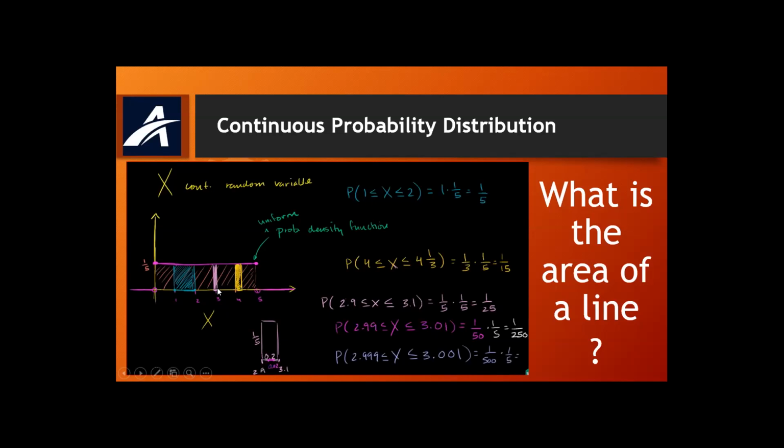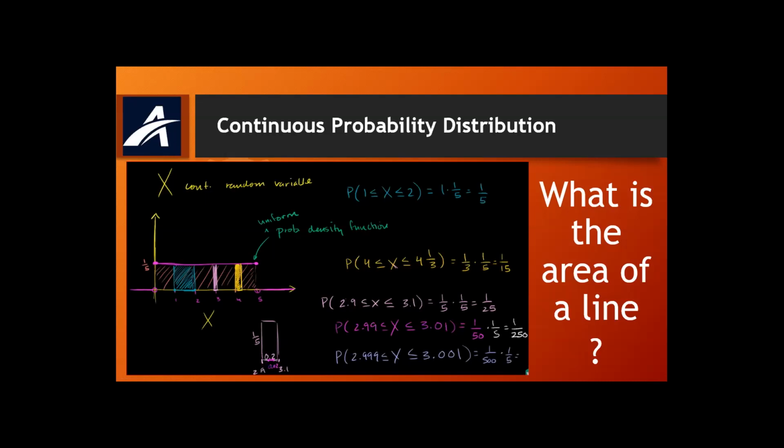We get the distance by deducting 2.9 from 3.1. So 3.1 minus 2.9 is 0.2.